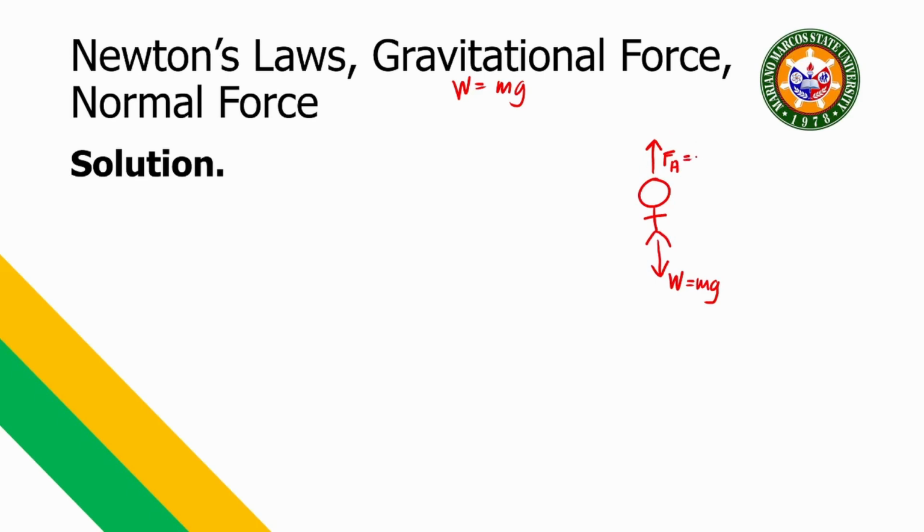Meaning, FA is equal to 1/4 multiplied by weight. His weight is mg of the diver, so 1/4 mg.